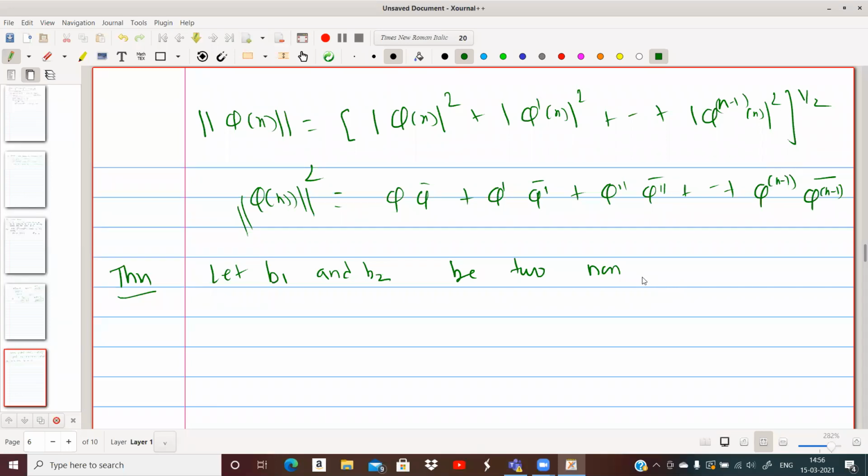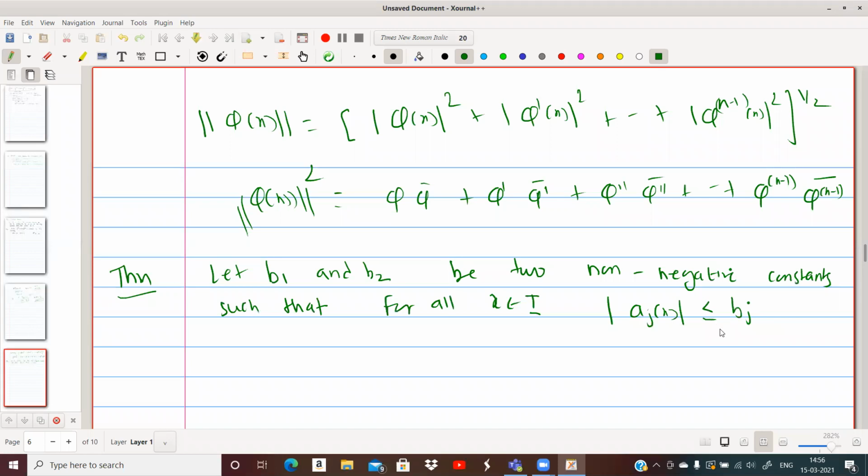For nth order, you have to take n non-negative constants, such that for all x in I, the magnitude of the coefficients aj(x) is less than or equal to bj.